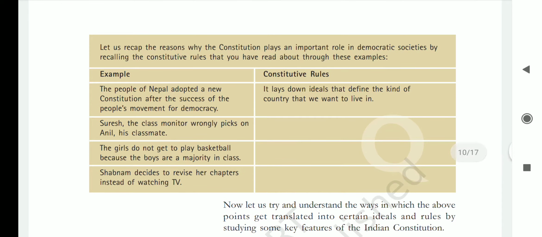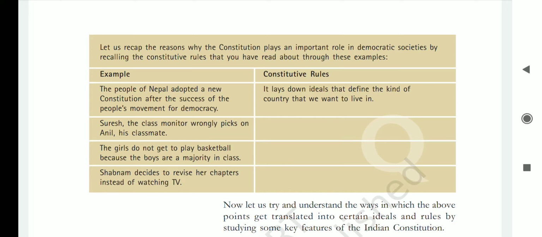Here some examples are given of why the Constitution plays an important role in democratic societies. The first example is that the people of Nepal adopted a new constitution after the success of the people's movement for democracy that we saw in the last video.